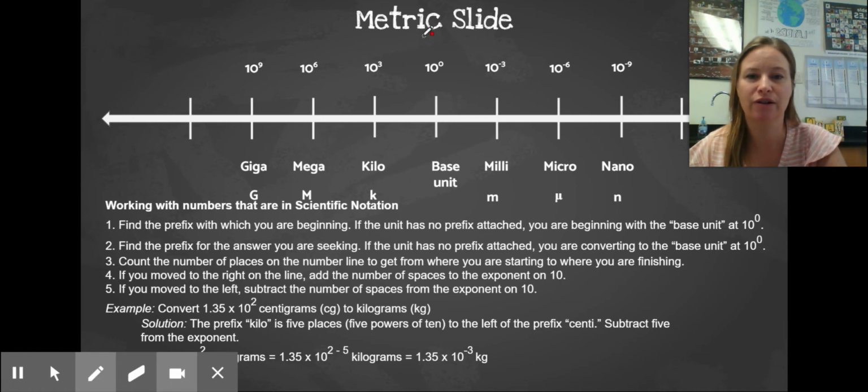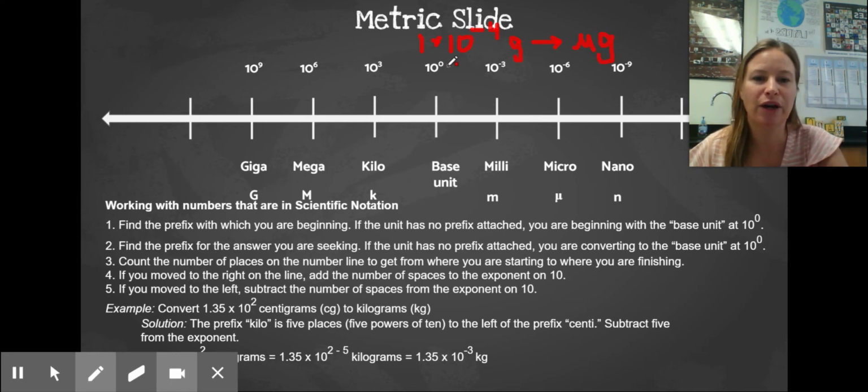So if I have 1 times 10 to the negative 4th grams, and I want to change that to micrograms. This is the Greek symbol mu, which means micro.